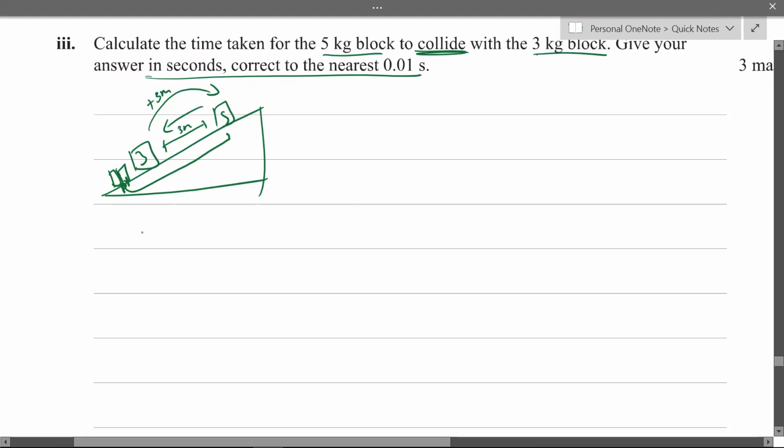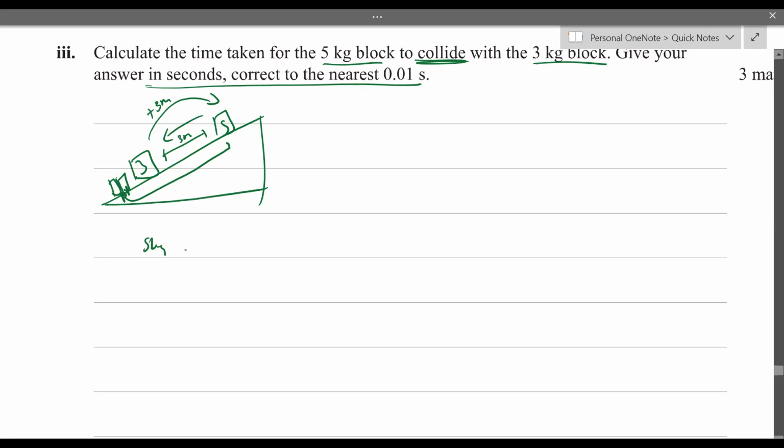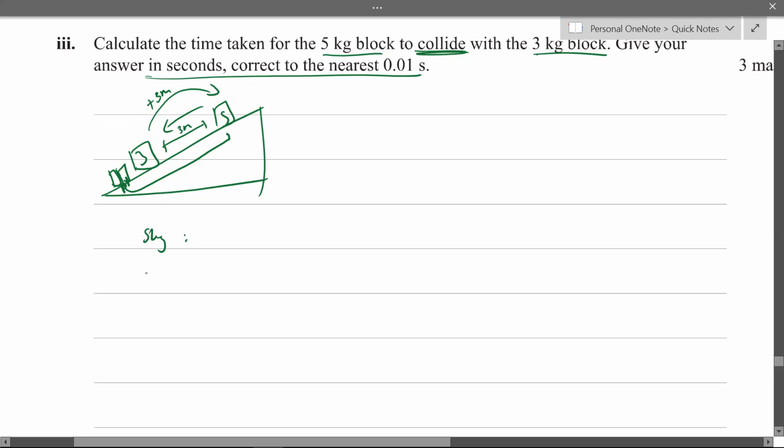So we have our displacement equations for the 5 kilogram block. We have u equals 0. We don't know v. We don't need to know v. We don't know time because we're trying to find time, and s is what we need to use our equation for, and a we found in the previous question, 4.82.